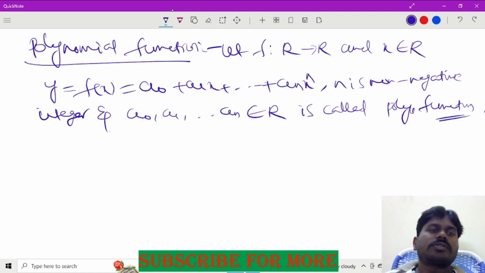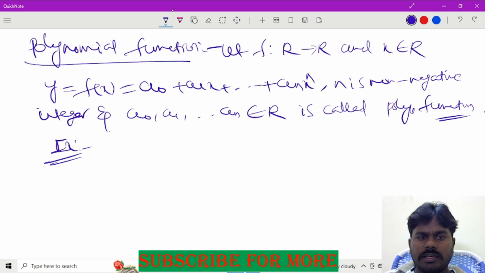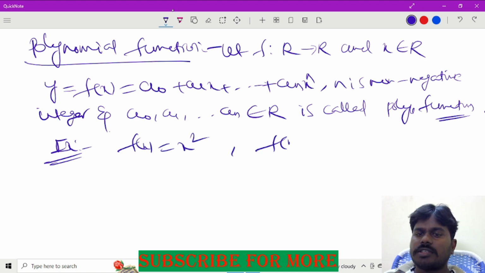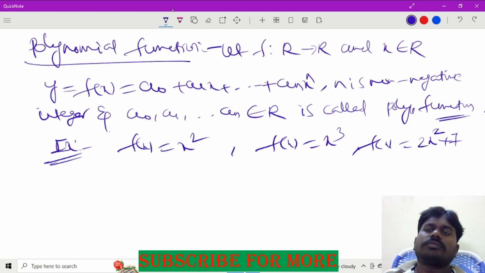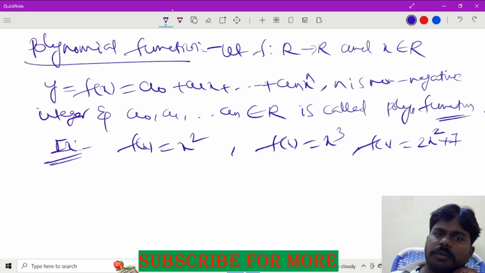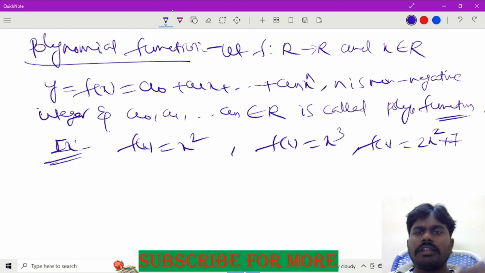Okay, so this is the polynomial function. So here you can take the example, like f of x equals x square, or f of x equals x cube, or f of x equals, suppose, 2x square plus 7. All these are examples of the polynomial function. So whatever the value of x, means whatever real numbers you give, you will get the corresponding real numbers for the function.